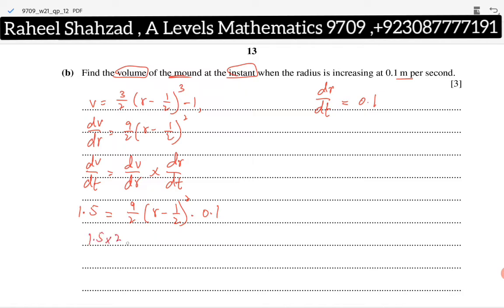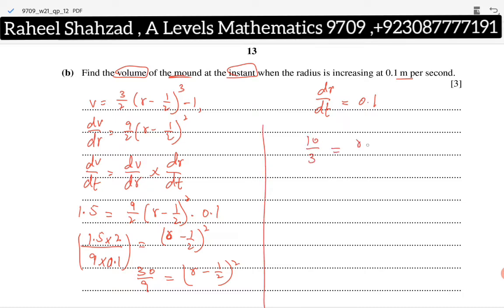1.5 into 2, divided by 9 into 0.1, that is equal to (r minus 1 by 2) square. So this value is going to be, I guess, 30 divided by 9 is equal to (r minus 1 by 2) square, and further it can be 10 by 3 is equal to (r minus 1 by 2) square.